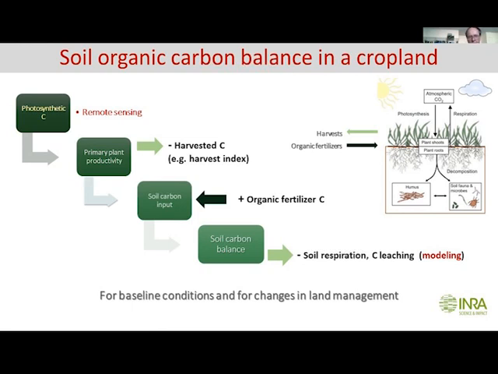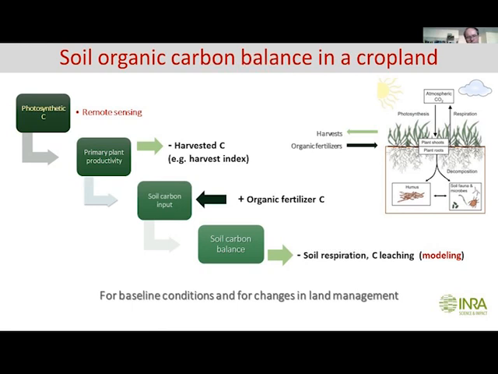And to calculate that input, we take into account the addition of organic fertilizers carbon. And knowing the input of organic carbon to the soil, we can calculate a soil carbon balance, assuming we have estimates of soil respiration, which is releasing carbon dioxide, and carbon leaching. Obviously, there may be some other minor fluxes, but at this stage, I will not enter into the details.